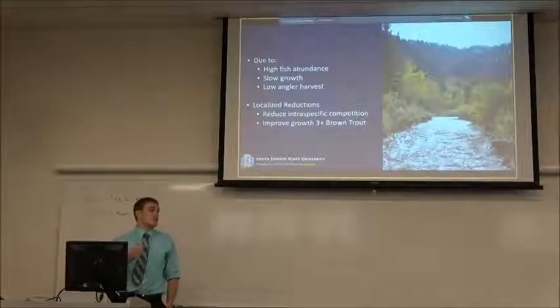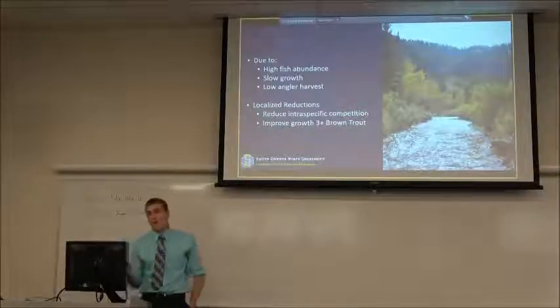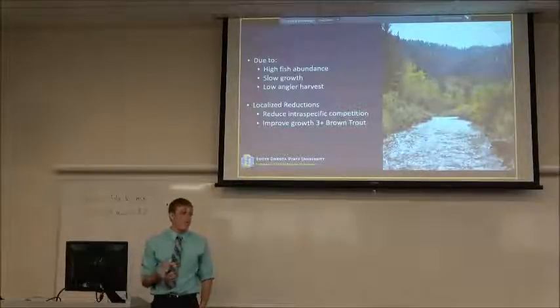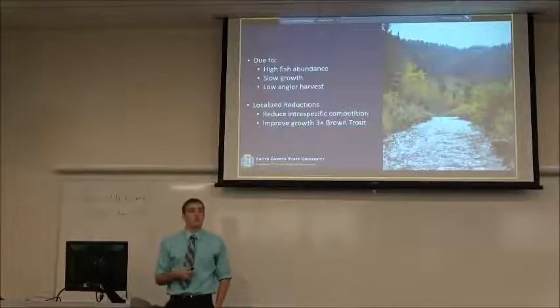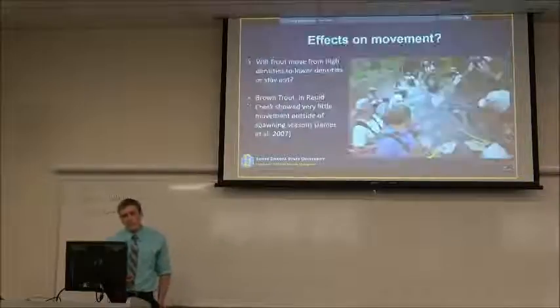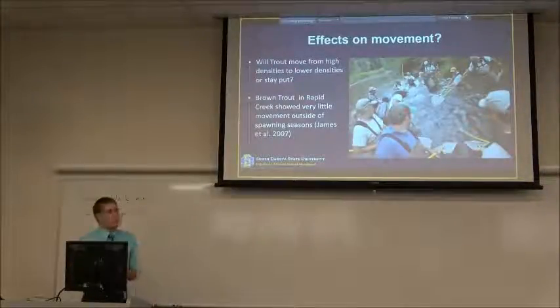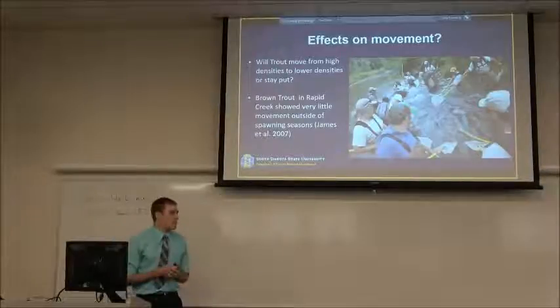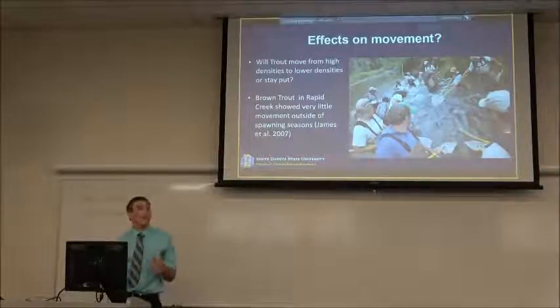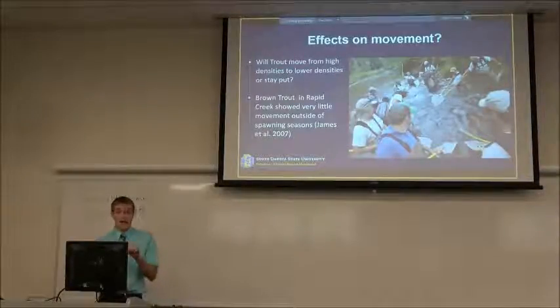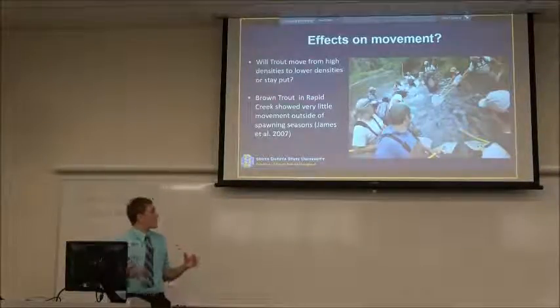Now, these localized reductions, we would anticipate they reduce intraspecific competition and then increase the growth rates of those 3 plus brown trout I showed you earlier. So an important metric to keep our eyes on would be, what are those trout going to do? Are they going to stay put? Are they going to move from these high density areas to these newly found low density areas?